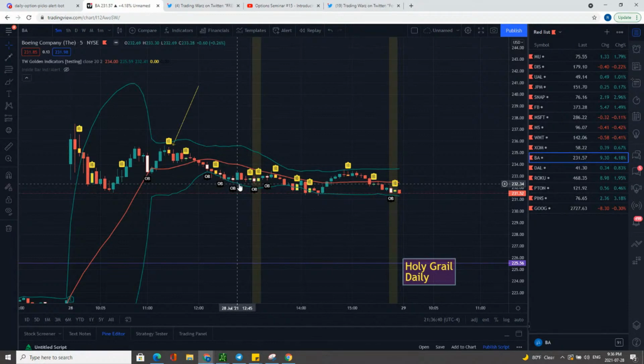So right now I just want to keep it simple, focus on the inside bars and the holy grails, and that's it for now. If I do or do not add the outside bars to the alerts, I have to think about that. I don't want it to be like 100 alerts. That's just going to be crazy.